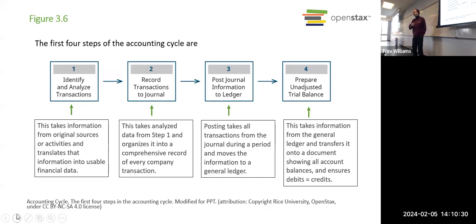Then, once we're done with all of those transactions for the period of time that we're dealing with, let's say for the month, for example, then we could do a trial balance. And the trial balance is designed to help us see if we have any mistakes. What we do is we take the balance of every account. We'll look in the ledger and see, okay, this is how much we have in our cash account.